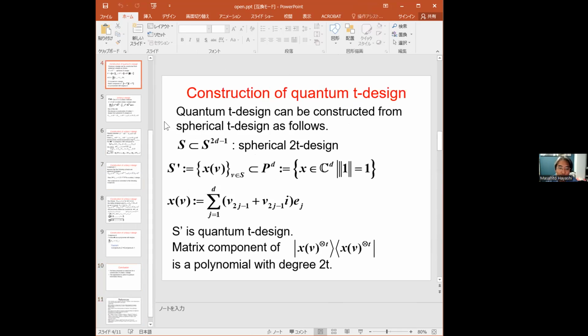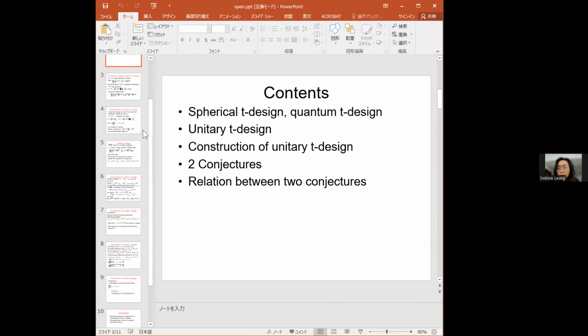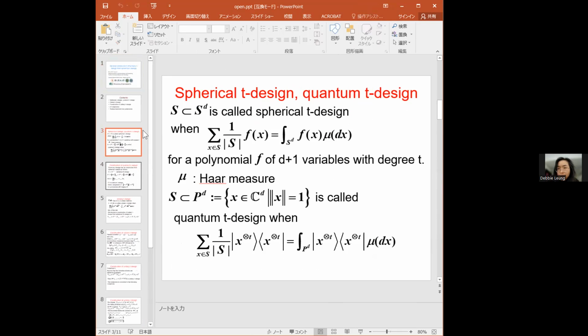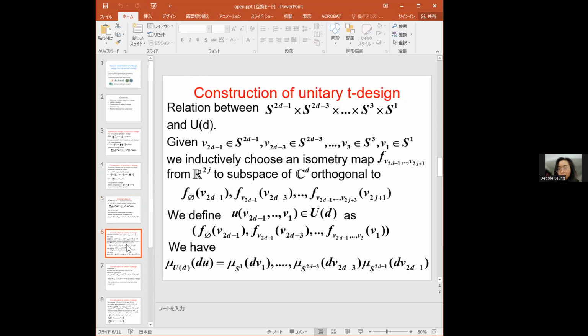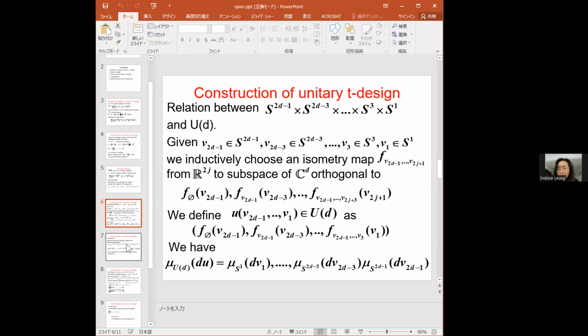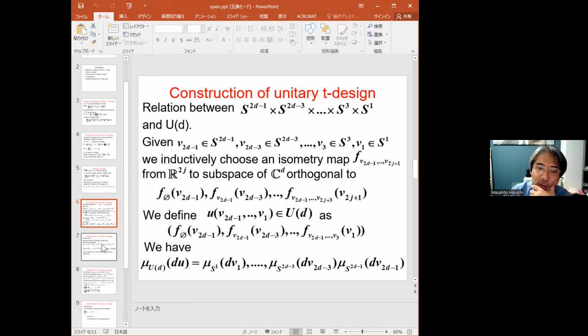I think there are bounds on how big a unitary t-design has to be. So how does this construction compare to how large a unitary t-design has to be? Because this is a construction, essentially, yes.